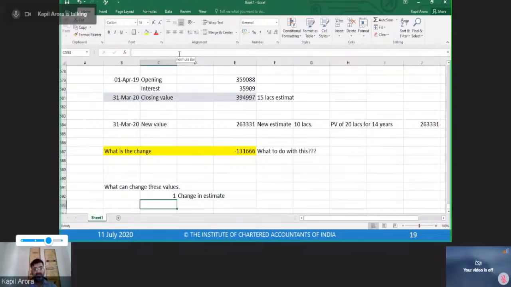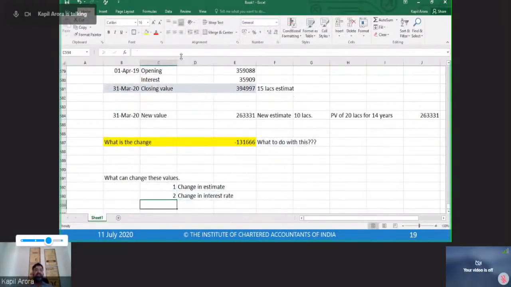Or there could be change in interest rate. If interest rate changes, then again the value may also get affected. Whether interest rate changes or estimate changes, both changes will have an impact on provision as well as on asset value. Hope this is okay with everyone.